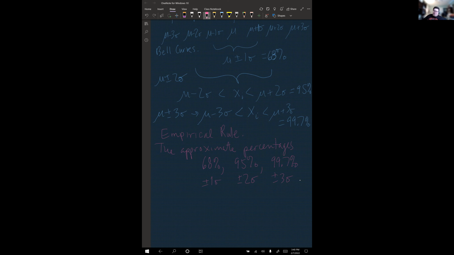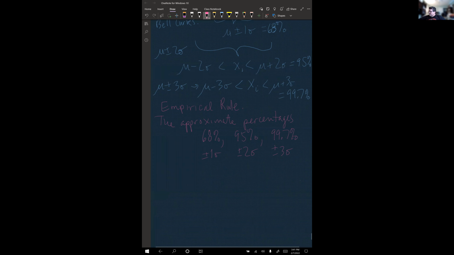And the reason why those numbers are approximate is that if you actually capture within 2 standard deviations for a good sized data set, it's more like 95.3 or 95.4. But it's so close to 95 that it makes a good rule for later on for determining if something is unusual or not.